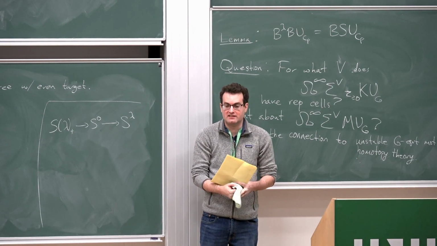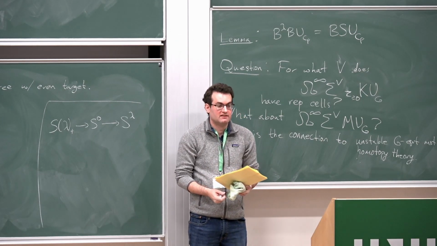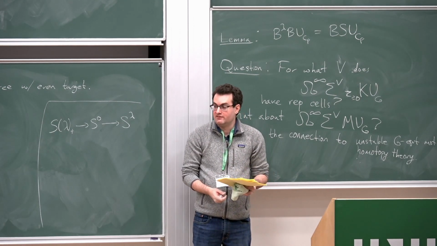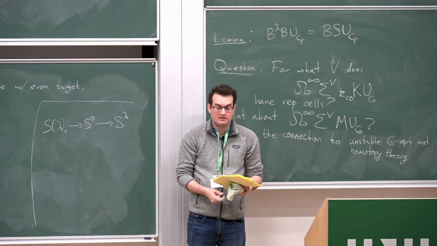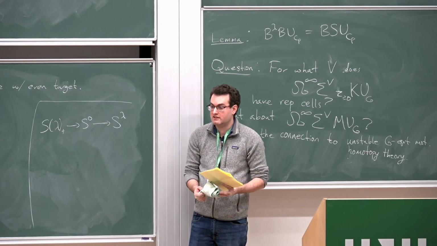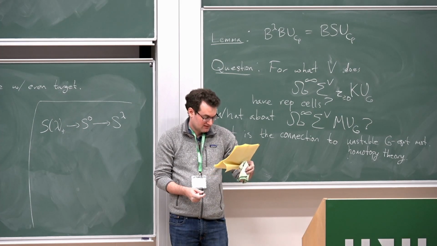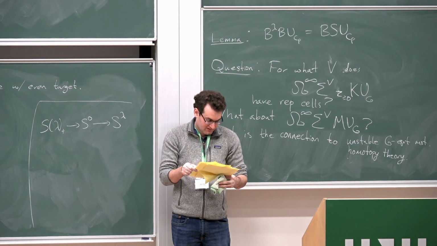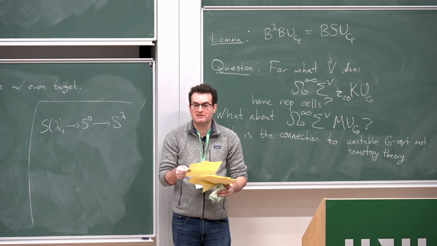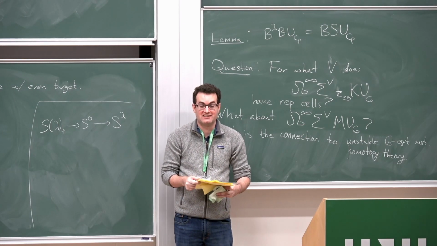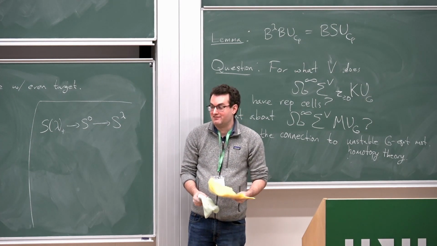We connect to an already existing motivic notion. So I've got 5 minutes left. Maybe I'll stop here. The rep cells means for complex representation. Yes, complex representations. I have plenty to say about the other notion of evenness you might have thought about, but let's stop here.